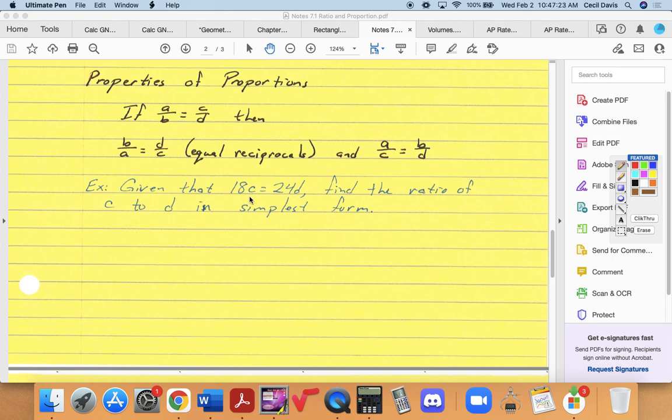So given that 18C equals 24D, find the ratio of C to D. First of all, that means C over D. Sometimes people get that confused, and then the only way you could get the right answer is if you made a second mistake. Equals.